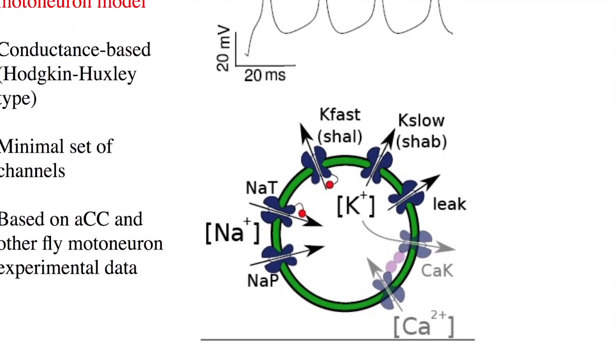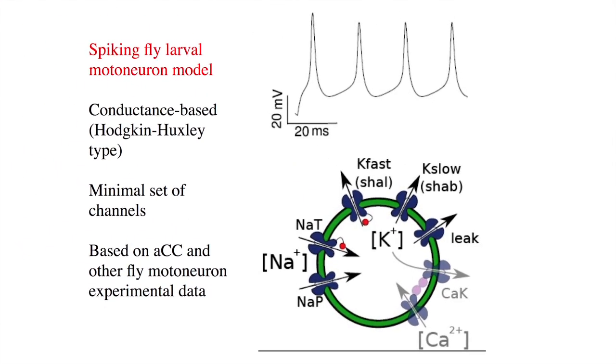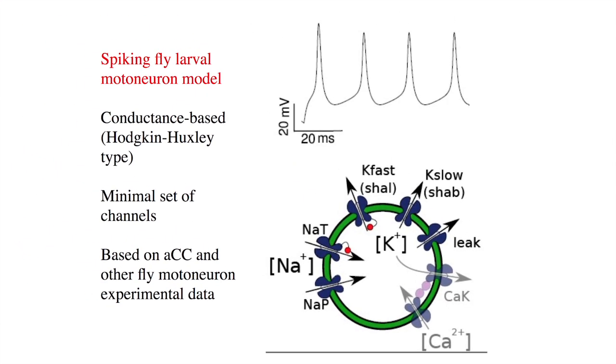Okay, so this is a spiking fly larval motor neuron model. Over here is an output of that model, and this looks actually very similar to the output that you get from one of these actual neurons if you record from them and you inject a little bit of current starting here.